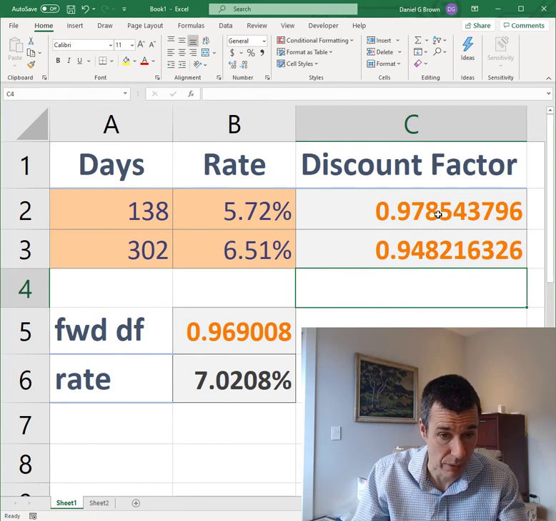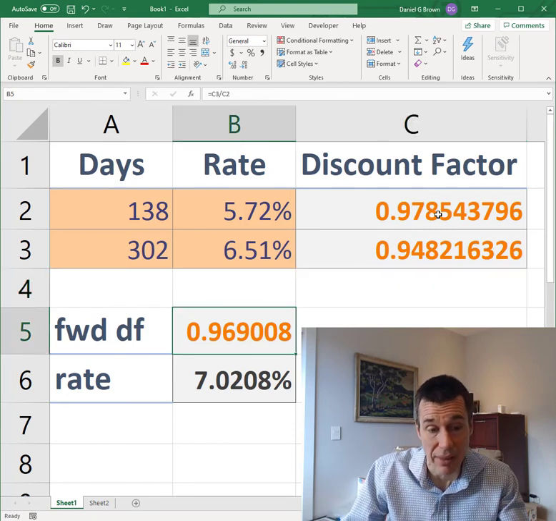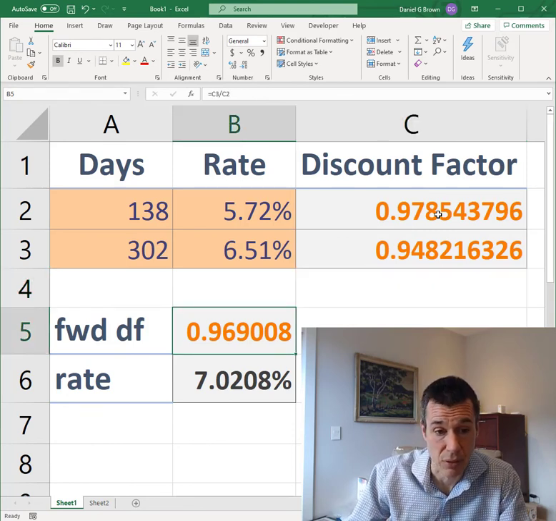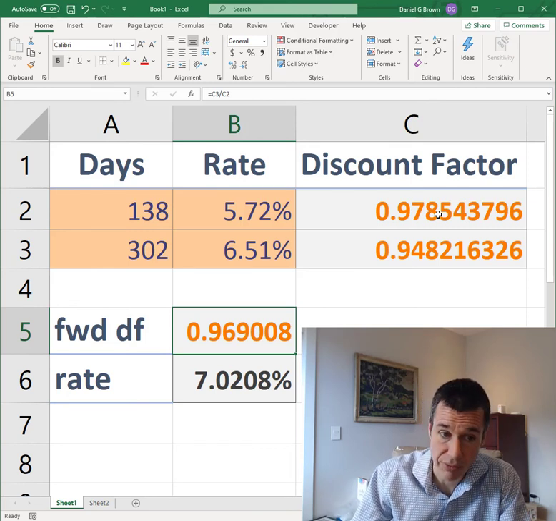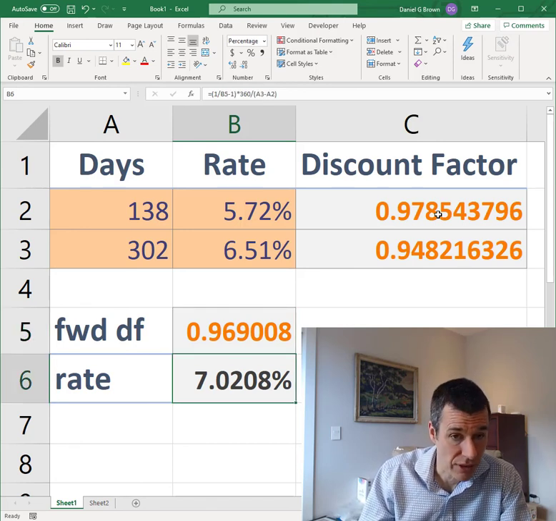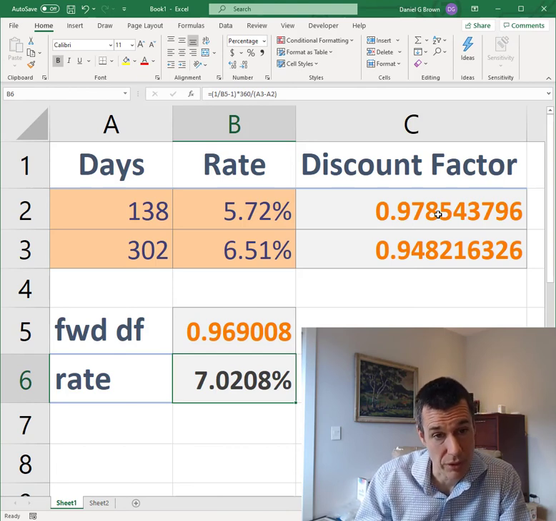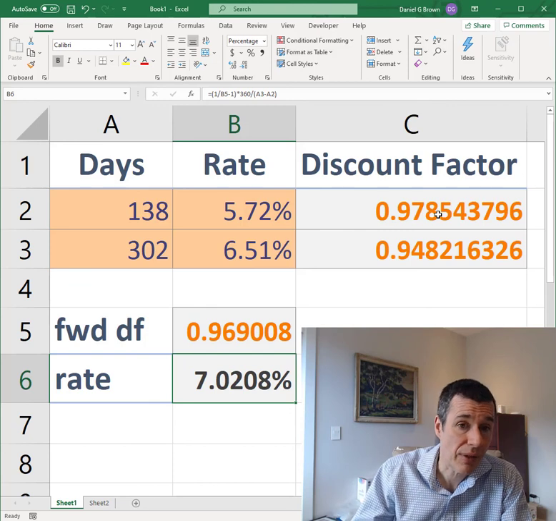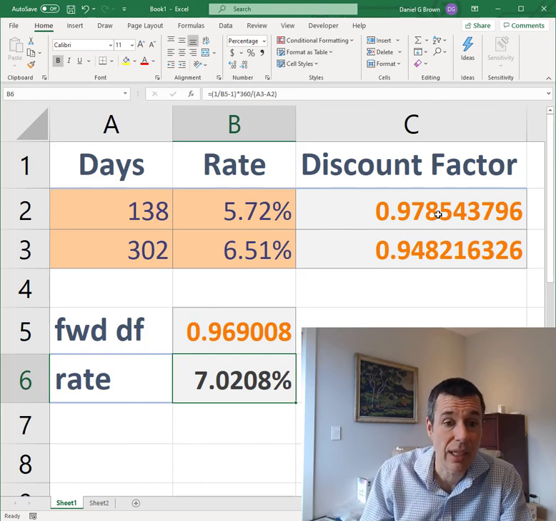We used the forward discount factor formula, df2 equals df1 times df1,2, and solved for the forward discount factor. And then we used that first formula again to find the rate. We just did some algebra: we had discount factor equals a function of rate, and we found the rate as a function of the discount factor. And we end up with a rate of 7.0208.